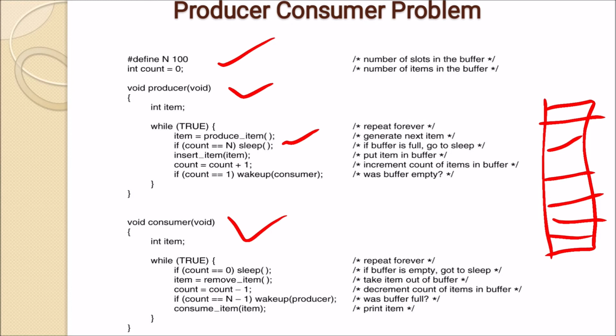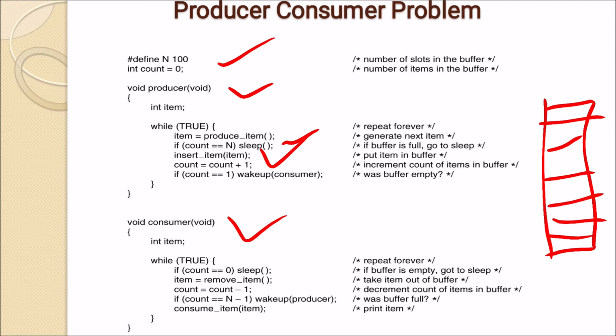Otherwise, put the item into the buffer: insert_item(item). So here we are putting that item. Otherwise, if there is no buffer full condition, we are inserting the item into the buffer and incrementing the value of count by 1 because we are putting one value.